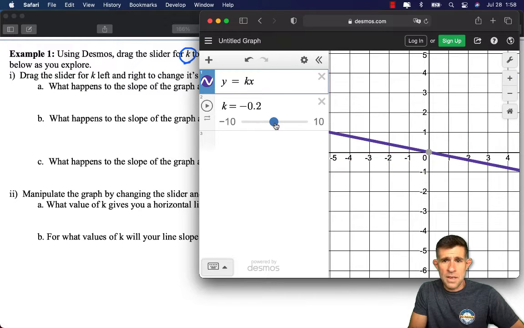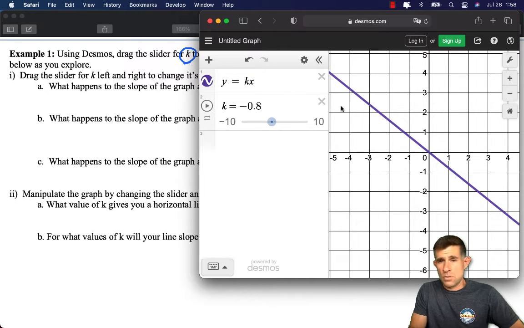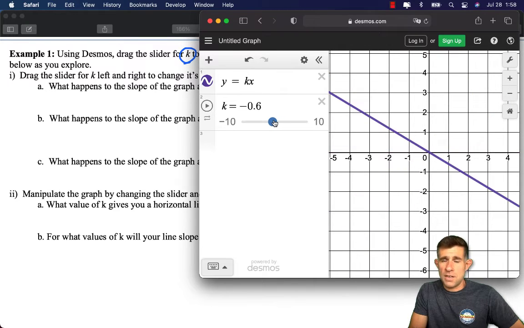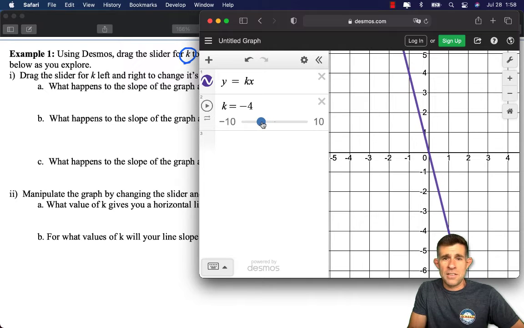As we get into the negative values, what happens is the slope of that line tends to be down towards the right rather than up towards the right when it was positive. So when we have a negative constant of variation, a negative k value, you can see that my slope slopes down and to the right. And as it gets larger and larger, again it approaches that y-axis.